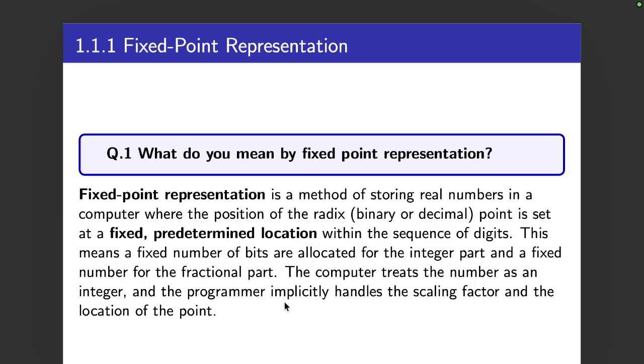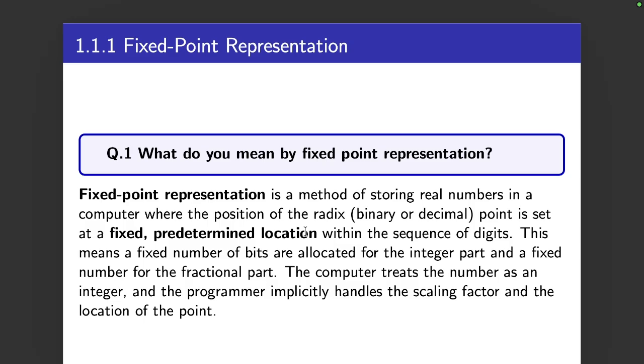This means a fixed number of bits are allocated for the integer part and a fixed number for the fractional part. The computer treats the number as an integer and the programmer implicitly handles the scaling factor and the location of the point. Fixed point means here that the binary point or decimal point is fixed, predetermined.